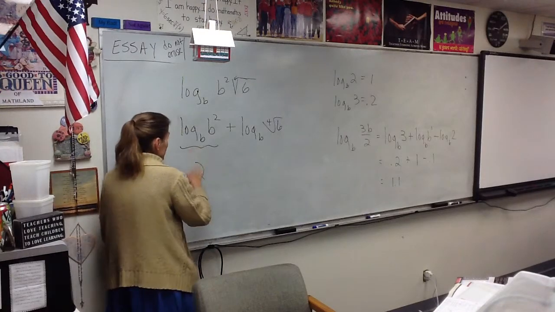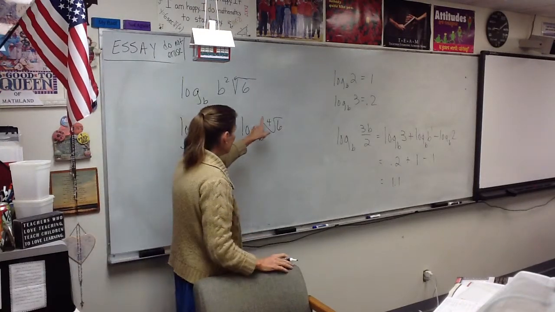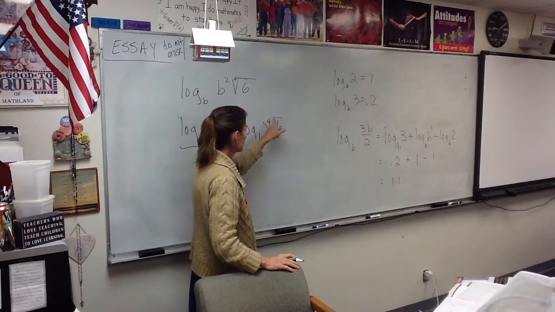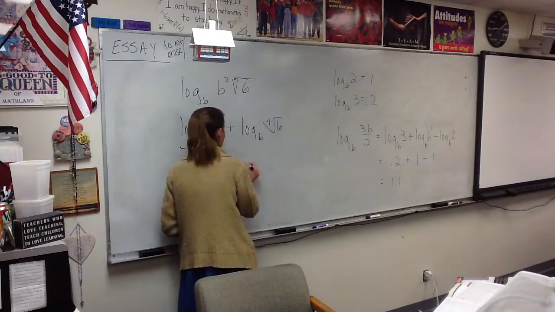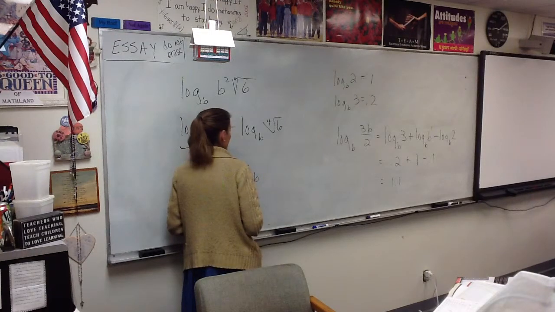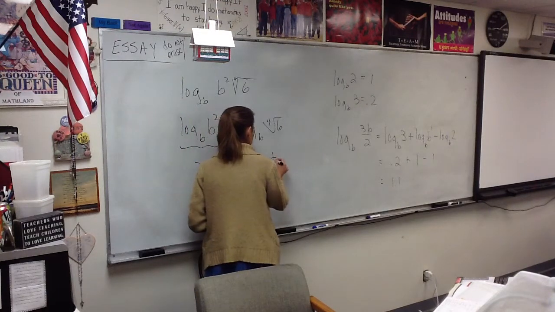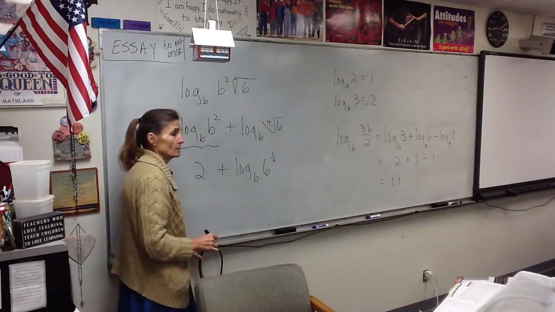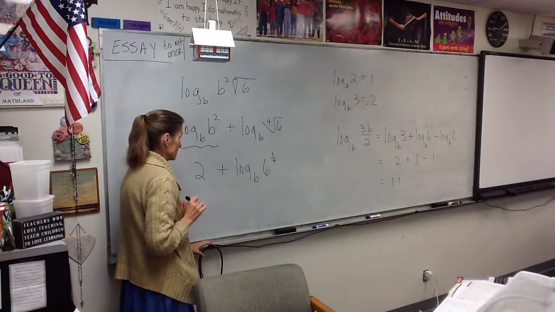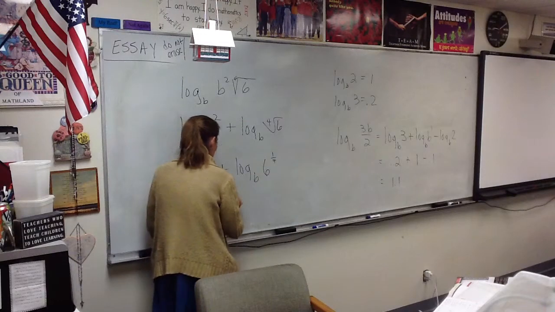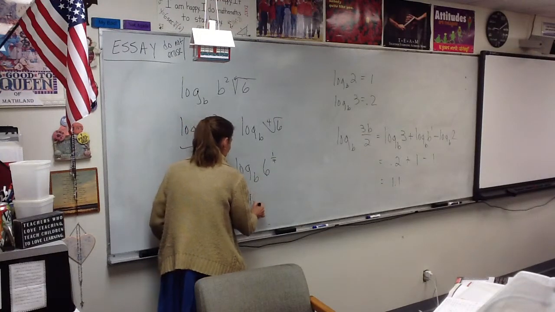That's 2, so we just got a 2 there. What about this? That's 6 to the 1/4 power. We do not mix radicals in logarithm land. Now wait a minute. What do I do with that 1/4? It comes out in front, so I'll have 1/4 log base b of 6.